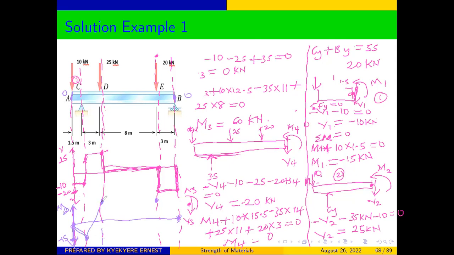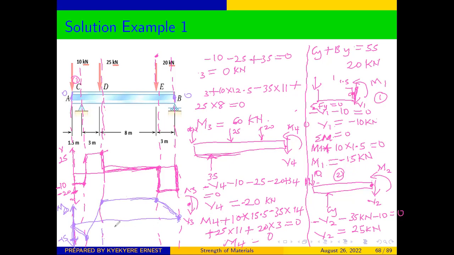Then it is constant up to this point, and it starts decreasing to 0 at this point. So this will be our shear and bending moment diagram.